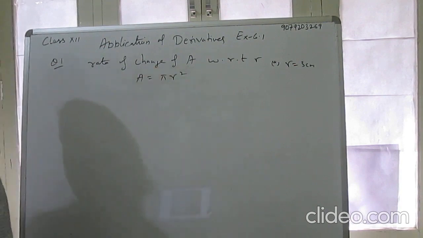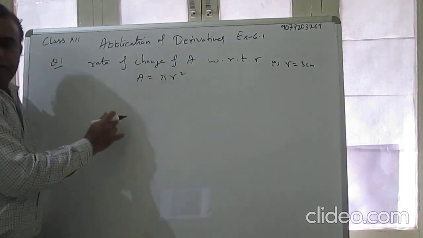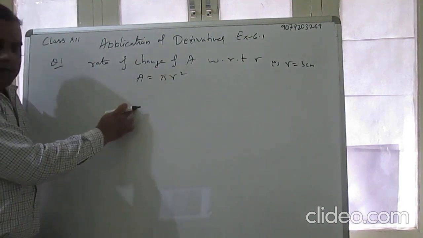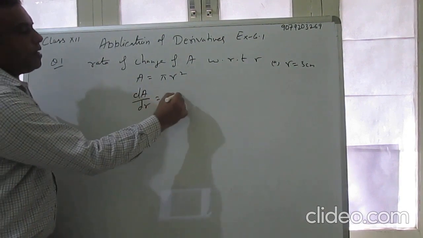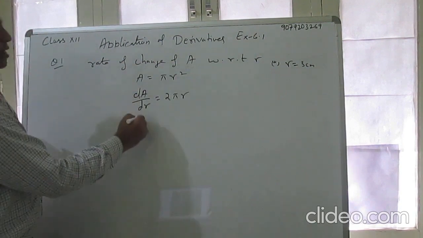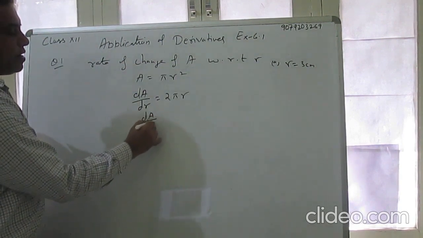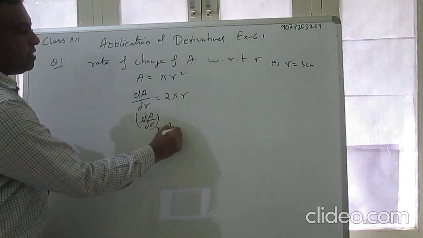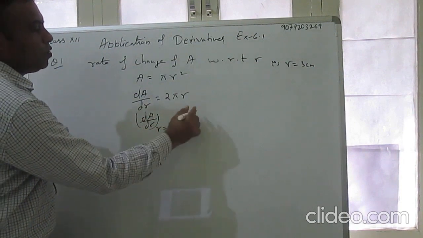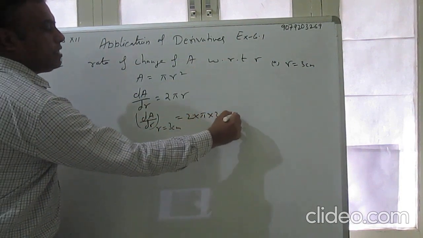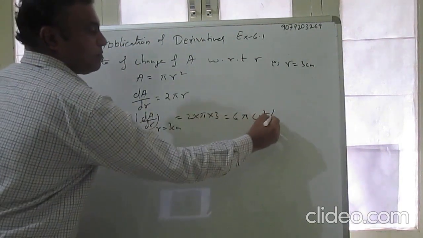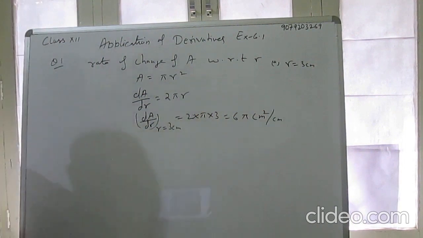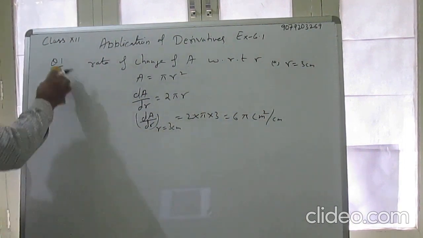Pi r square. So dA by dr is equal to 2 pi r. So dA by dr at r is equal to 3 centimeter is equal to 2 into pi into 3, यानी कि 6 pi. Unit of area is centimeter square, radius is centimeter. This is the answer. Now I will start question number 2.